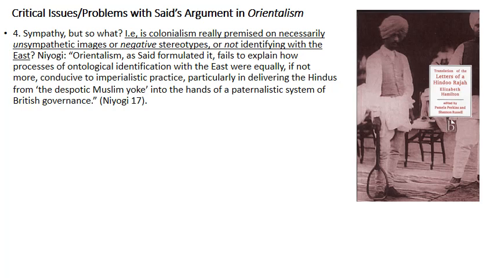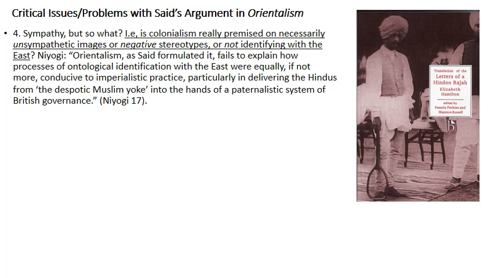This is what's happening in a lot of books, including Elizabeth Hamilton's Letters of a Hindu Raja. What you see happening simultaneously is an identification between the Western culture, Western writer, and Hindus. The idea is that you Hindus are in many ways like us. You have an ancient scripture, you have a noble set of ideas in your religion. So there is sympathy and there's identification.